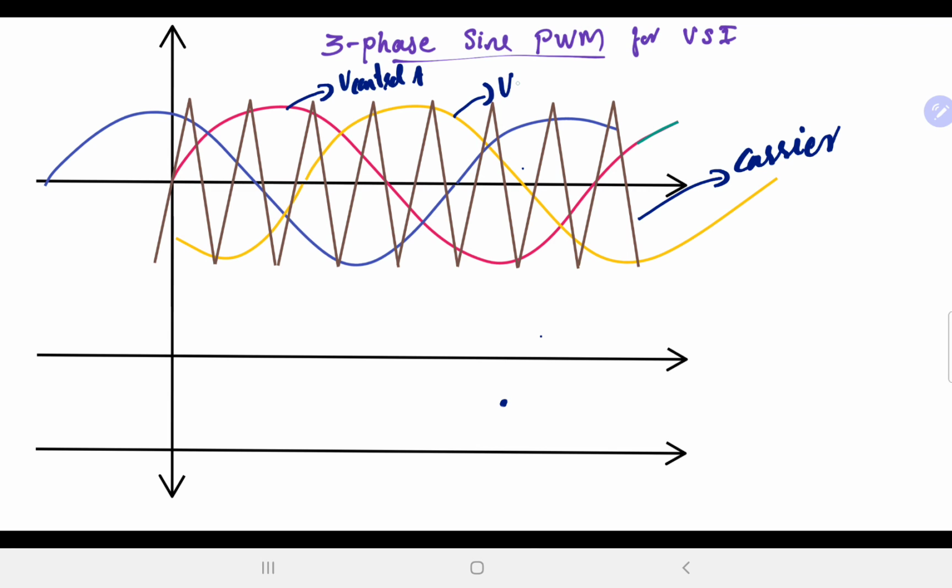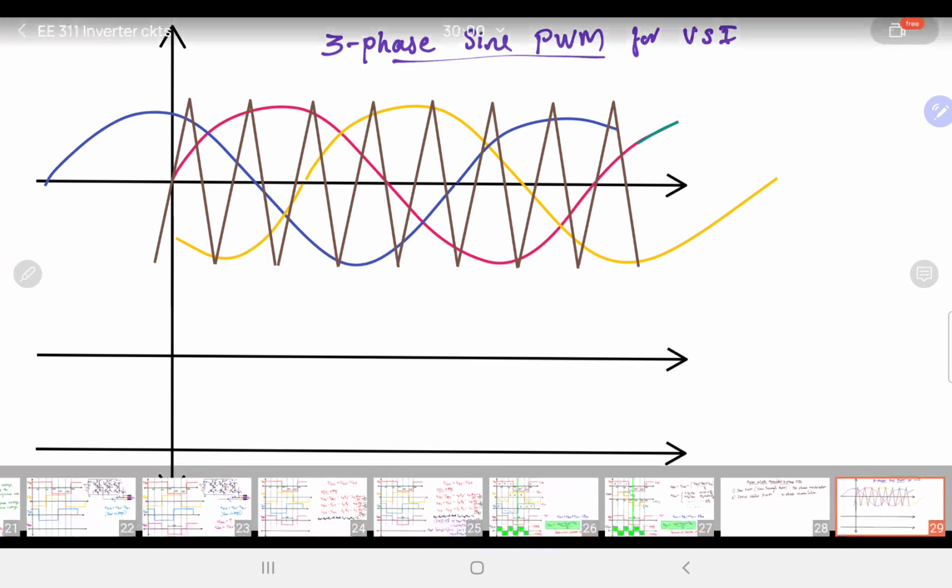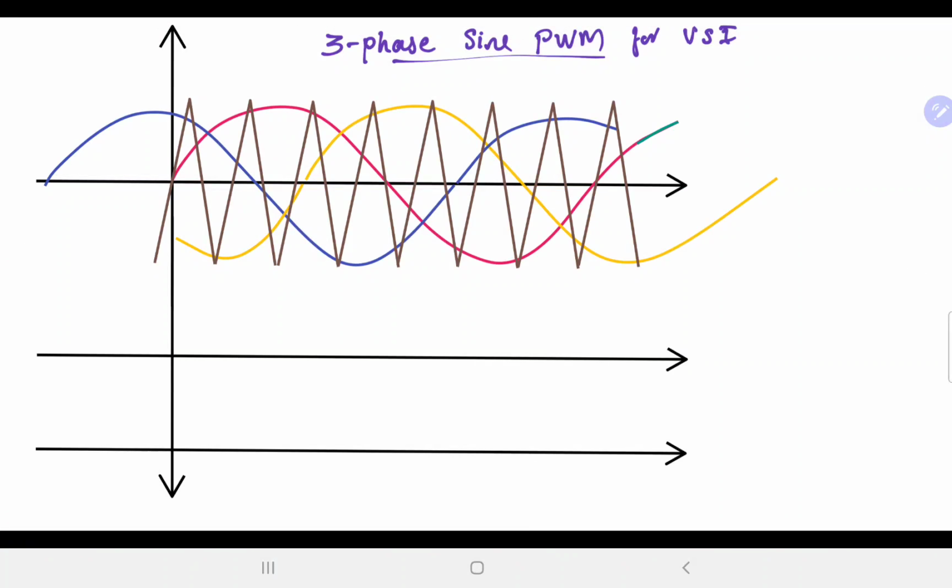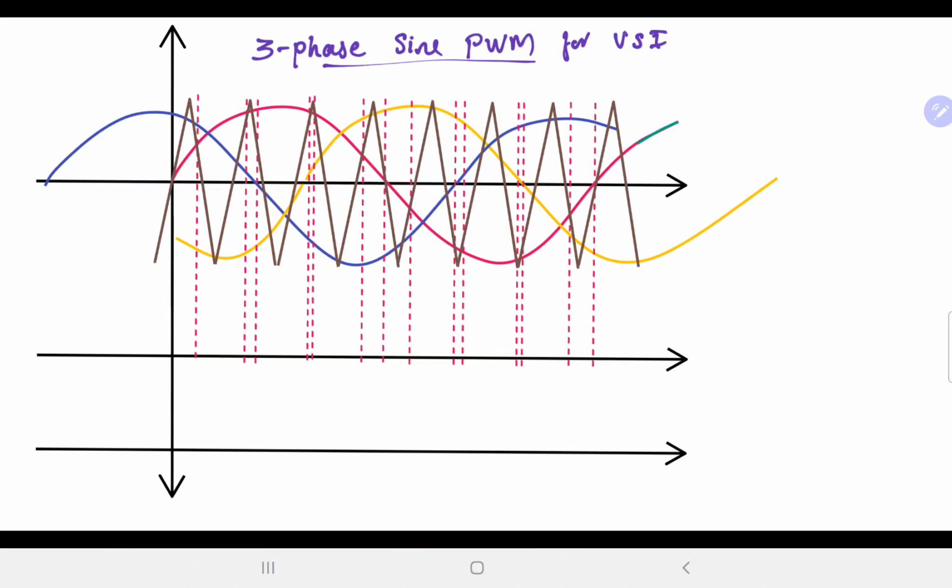This is V control of B phase, and this is V control of C phase. Together we compare them and then generate the output voltage in this case. Okay, so this is the comparison.